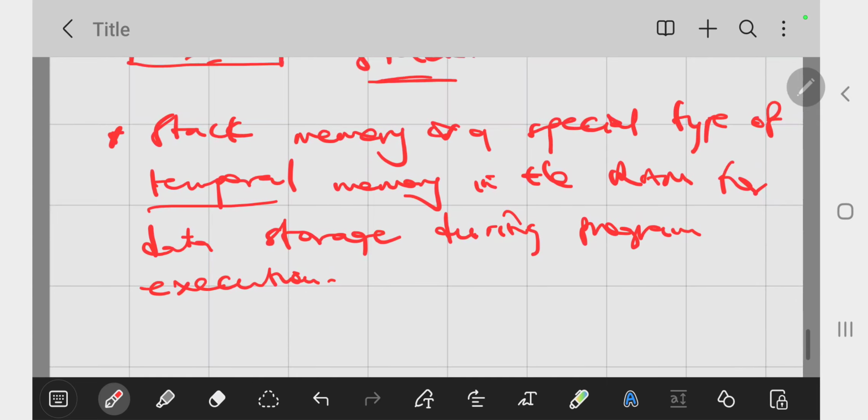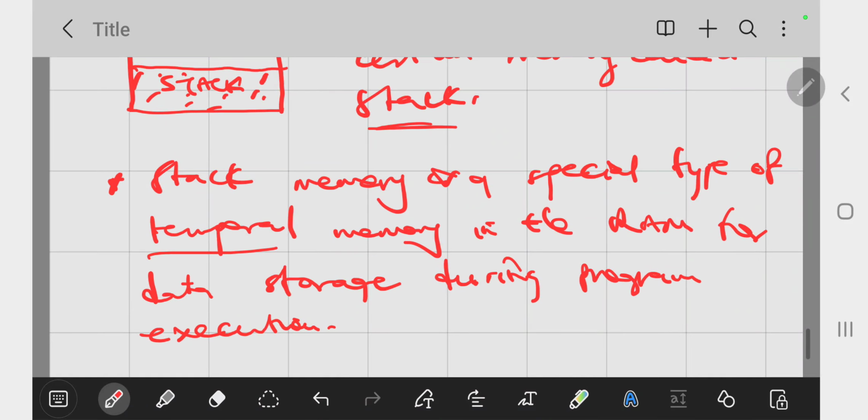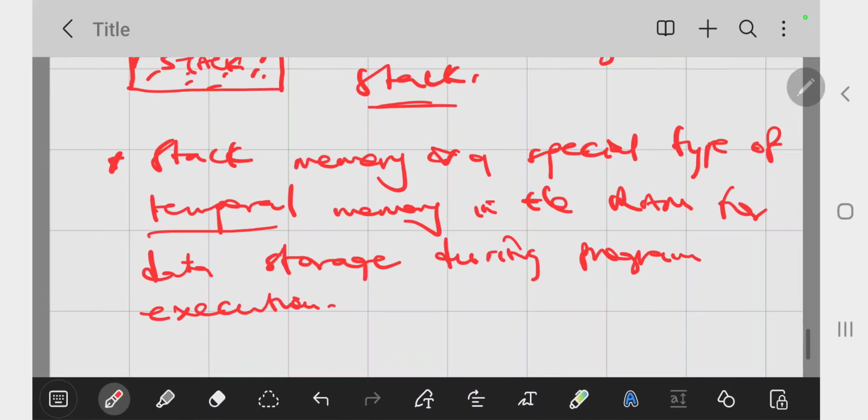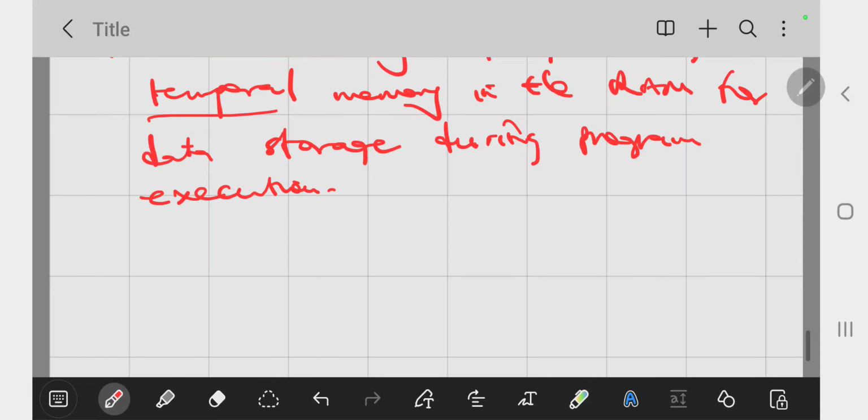But then remember, I previously said understanding the fact that stack is the region of memory inside of the RAM is not enough. We need to know how stack works. So one of the most important concepts about stack is the fact that it operates on LIFO.